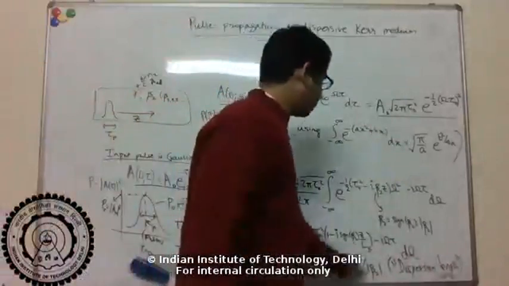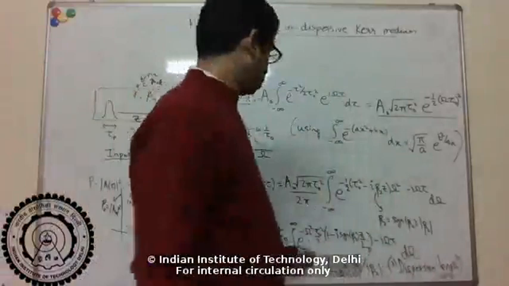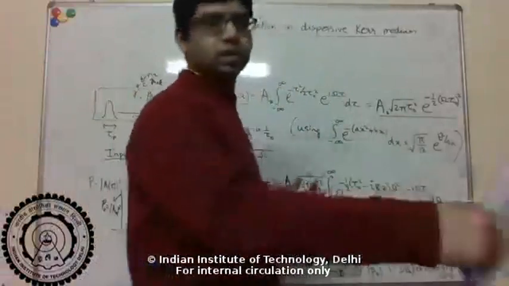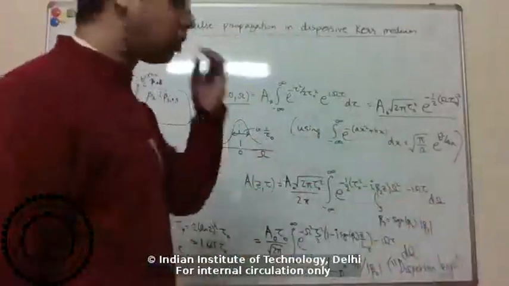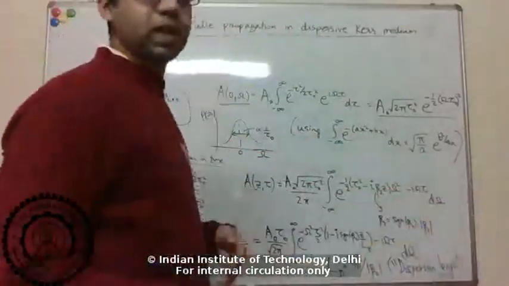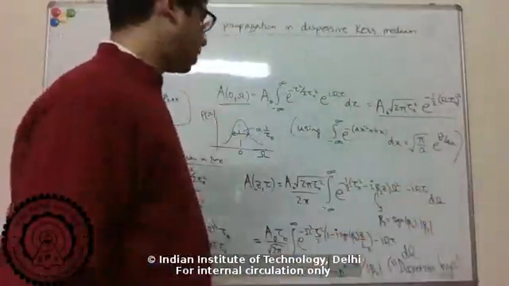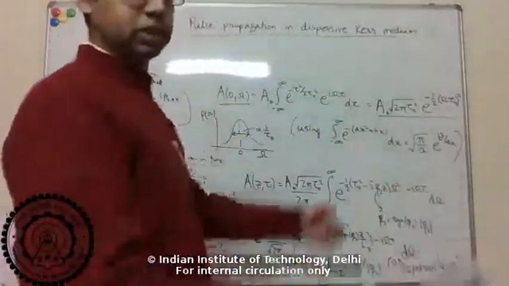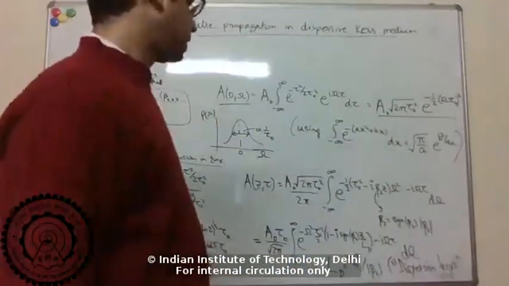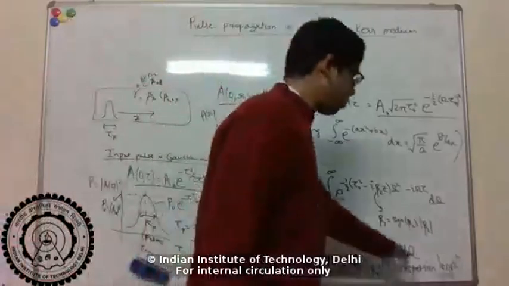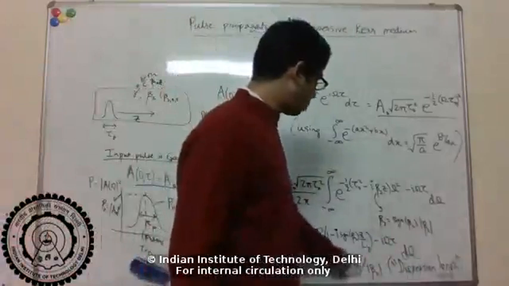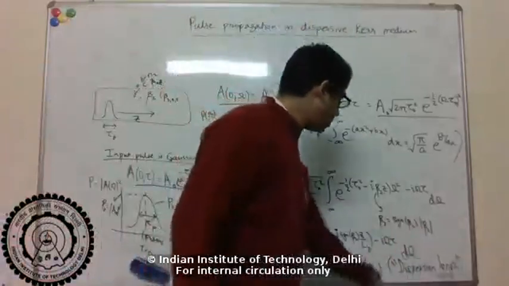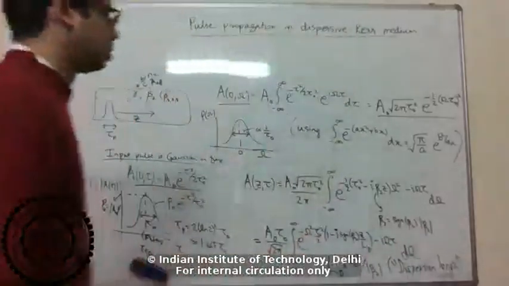It's some characteristic length over which the pulse spreads. It's analogous to, if you're familiar with, the Rayleigh range or the diffraction length for a beam which is spreading in free space. So it goes as the square of the temporal duration divided by the magnitude of the GVD.